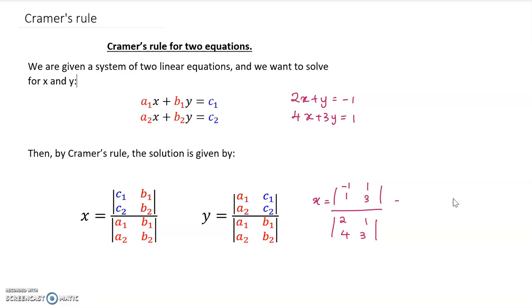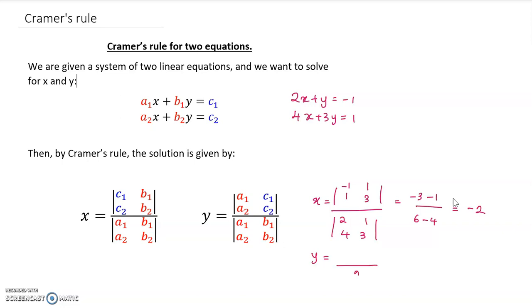At the top you have -3 minus 1. Over at the bottom you have 6 minus 4, which is 2. So -4 divided by 2 gives -2.